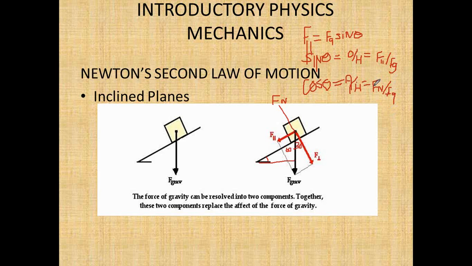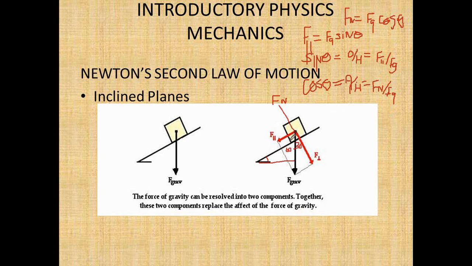So if you're solving for the normal force of an object on an inclined surface, it is equal to the force due to gravity times the cosine of the angle. You have to remember that. Cosine of the angle. Okay?